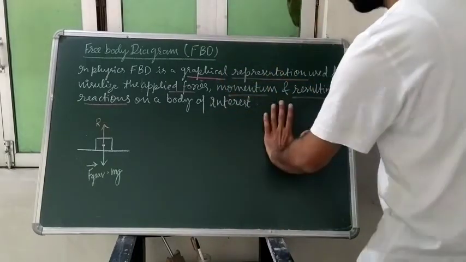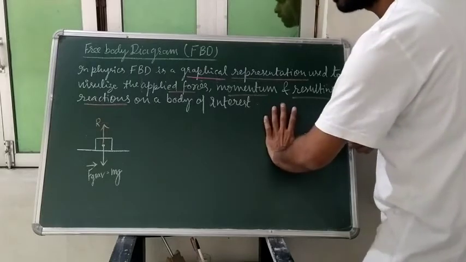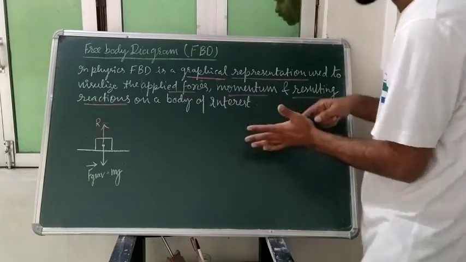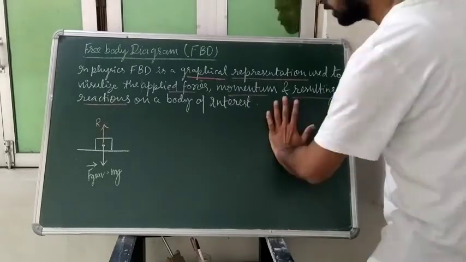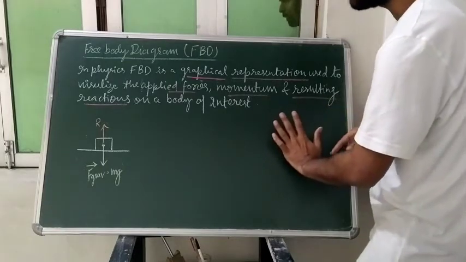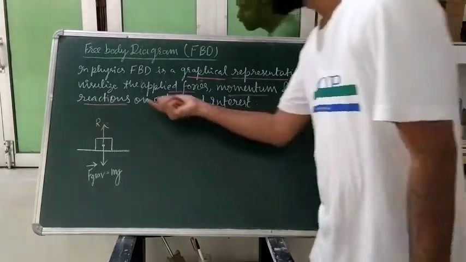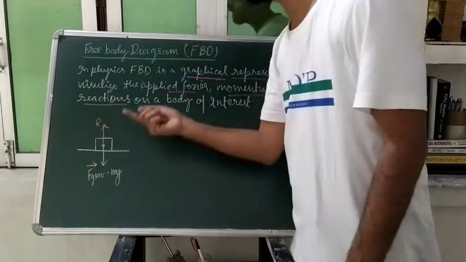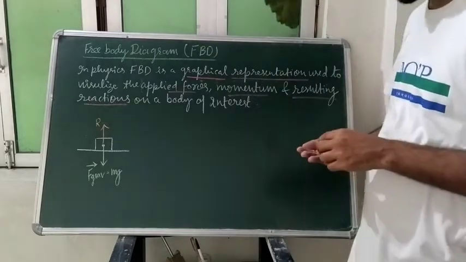When I am pushing this board, I am applying a force on the board, and at the same time I can feel some force on my palm by the board. This is the contact, and the force which I am feeling on my palm is the reaction of the board. Here the contact is present, so the weight will act in the downward direction, and due to the contact a reaction will come.